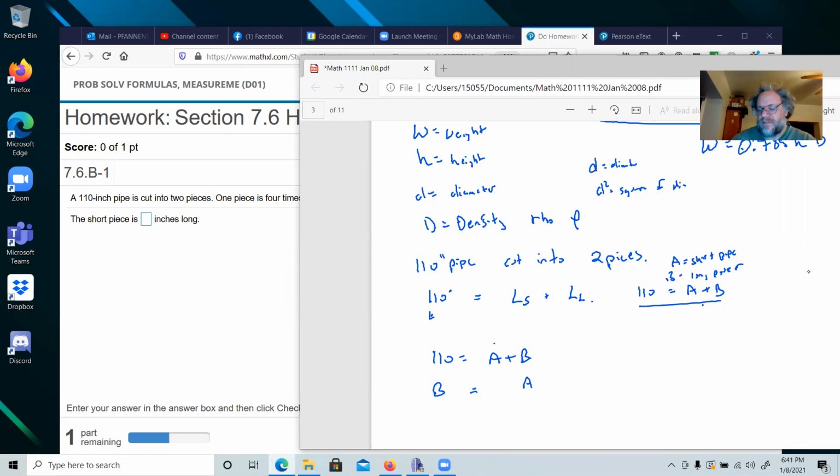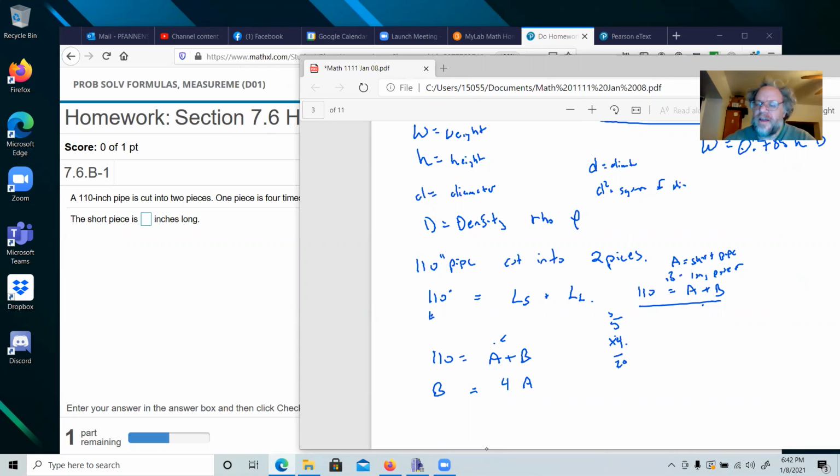So if this is the little piece, let's just say we cut this pipe so one side is 5 and the other side is going to be the rest of it. The other pipe would have to be, if this is the short pipe, 4 times 5, which equals 20. So the long pipe is going to be 4 times the small pipe.